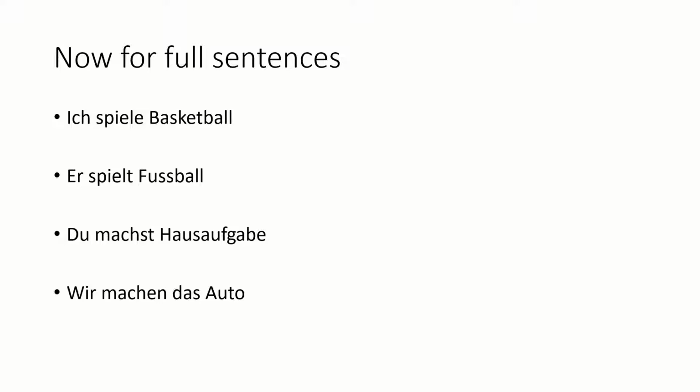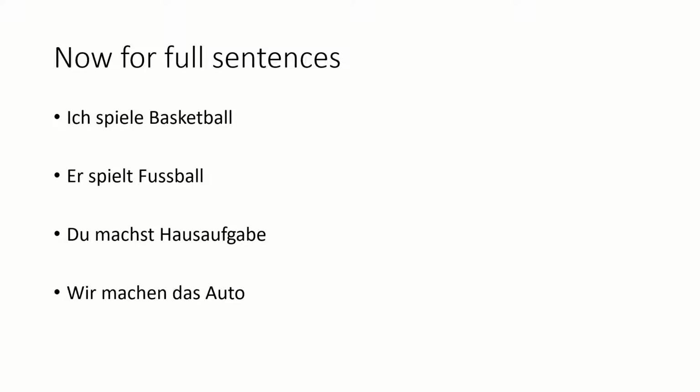Now for some sentences with personal pronouns, a verb, and a noun at the end to make a proper full sentence. So we have Ich spiele Basketball. And remember from the nouns video, all nouns are capitalized no matter where they are in the sentence. So for the first sentence, I have the personal pronoun ich, so I add an e to the end, making Ich spiele Basketball.